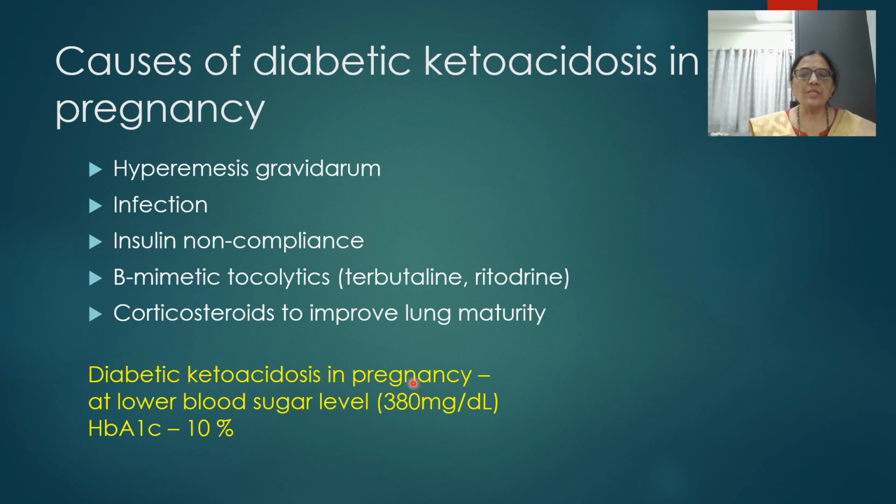Diabetic ketoacidosis in pregnancy occurs at a lower blood sugar level as compared to non-diabetic and non-pregnant women, around 300 milligram per dl. Whenever the blood sugar reaches 380 or more, it can lead to diabetic ketoacidosis, or HbA1c of 10% or more is also seen to be associated with increased risk.